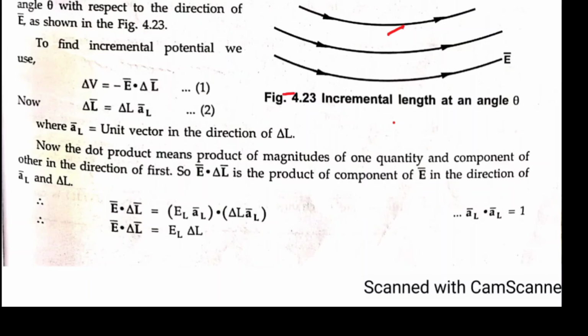So E dot delta L equals EL aL dot delta L aL, and as aL dot aL is equal to 1, just as aX dot aX equals 1, the dot product of the same unit vector being 1, E dot delta L equals EL delta L.